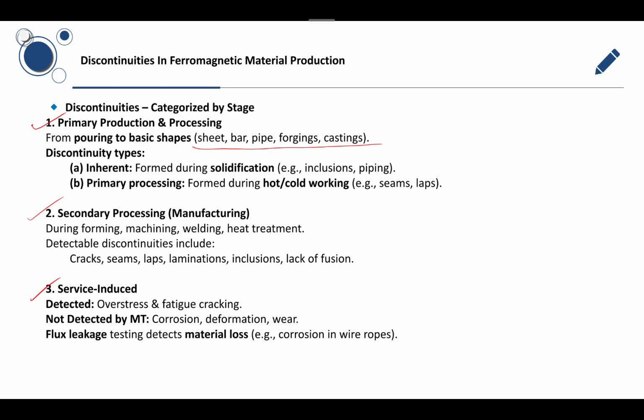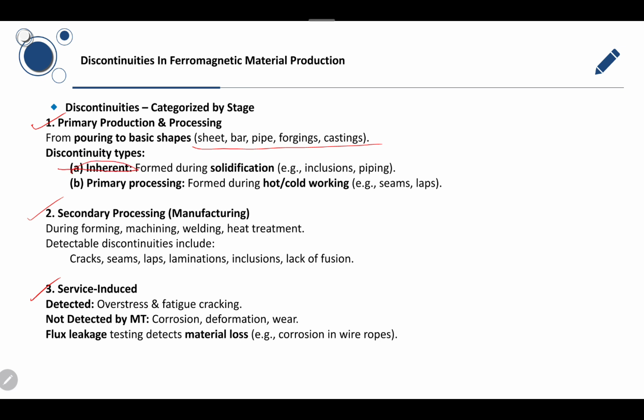First, let's understand how ferromagnetic materials like steel are produced. It starts with iron ore, which is melted and alloyed in a furnace, then cast into ingots or continuously cast. This initial stage is critical as many inherent defects can form here.